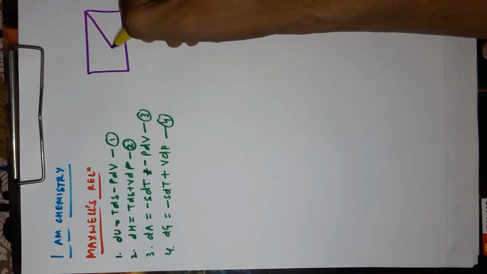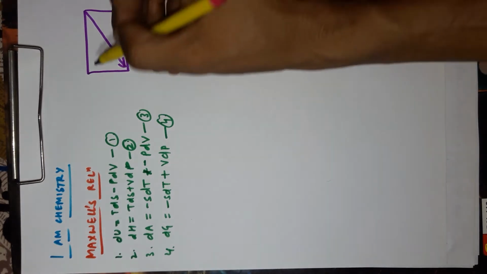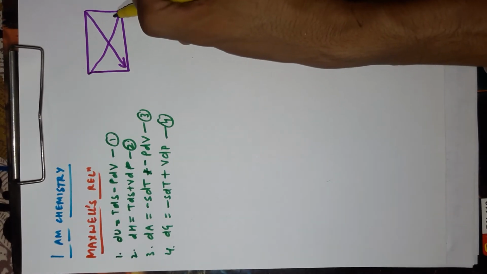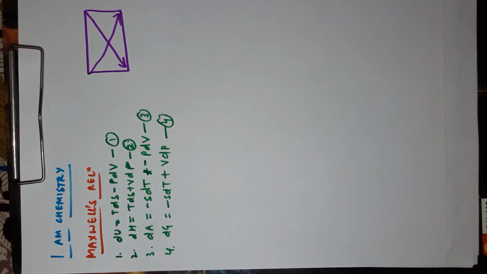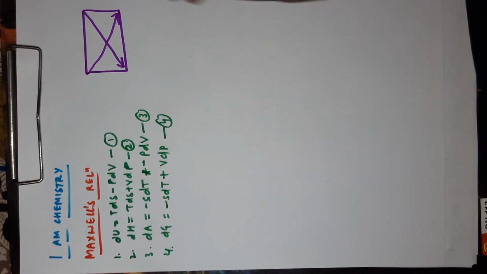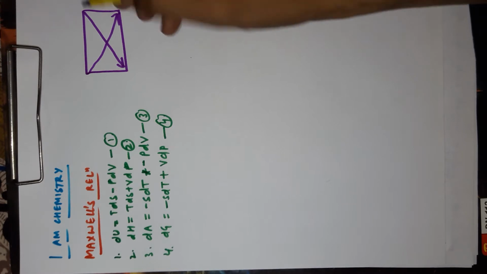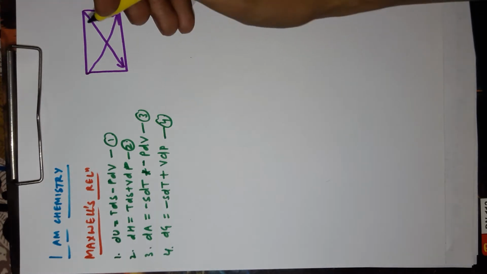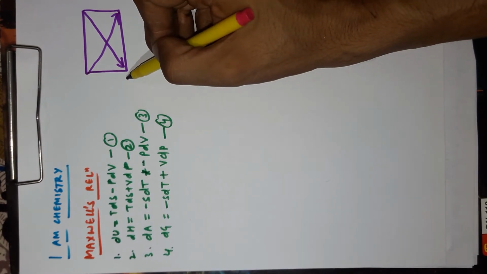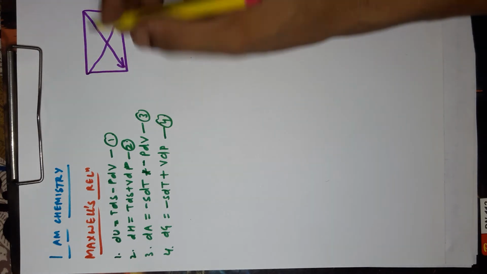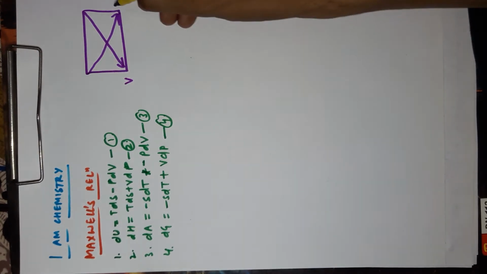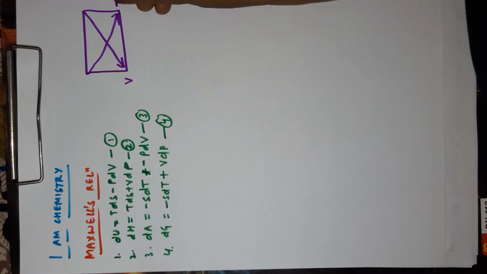In this Maxwell square we have the four parameters, that is volume, temperature, pressure, entropy.